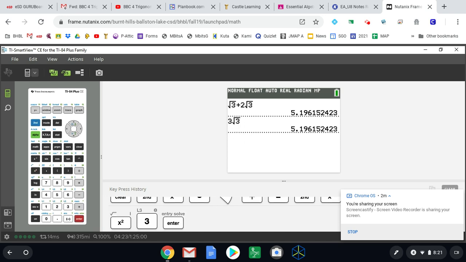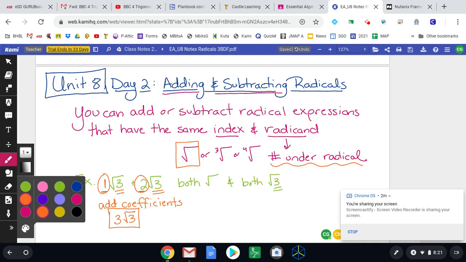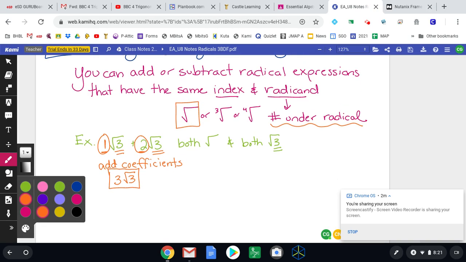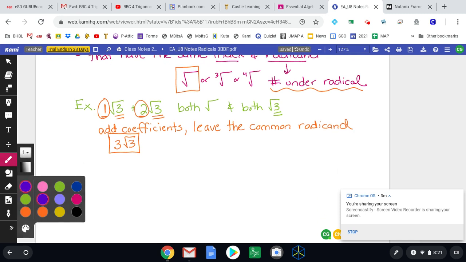All right, so I can double check my math there. Okay. So if I want to add the coefficients, right, and we leave the common radicand. Okay. So a couple of examples like this.